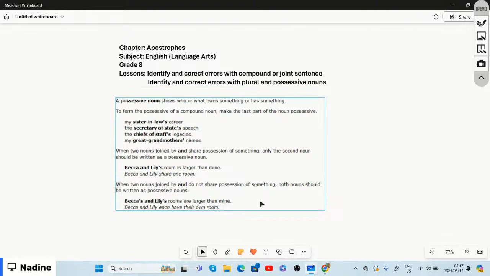And if we have an example, look at the last one. It says Baker's and Lily's rooms are larger than mine. And that means that Baker and Lily each have their own room because it says Baker's and Lily's. It's making mention of per person.